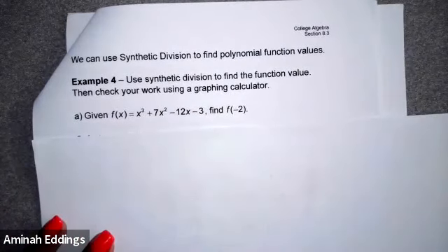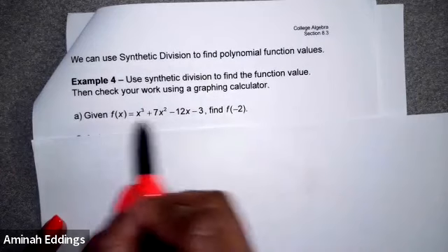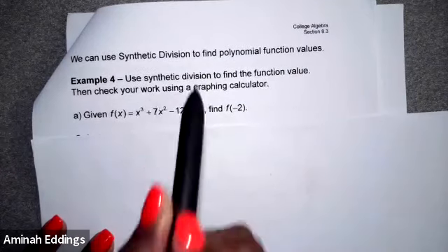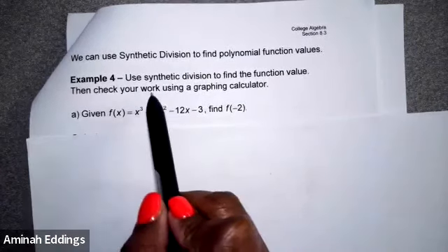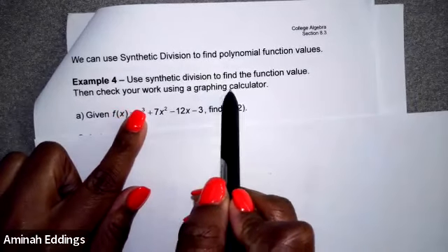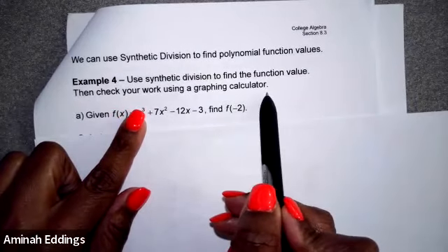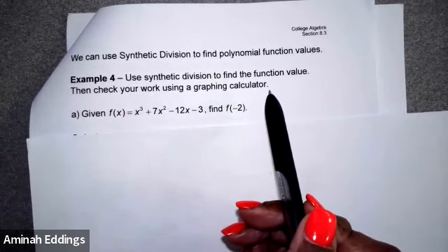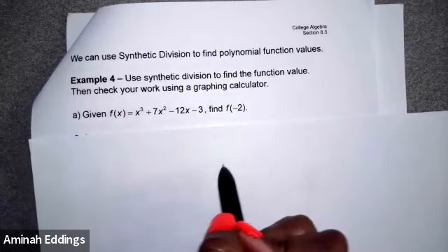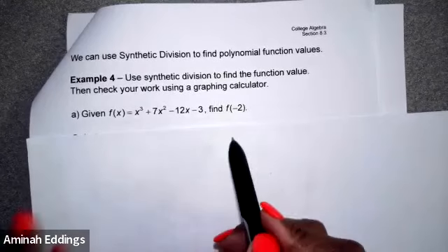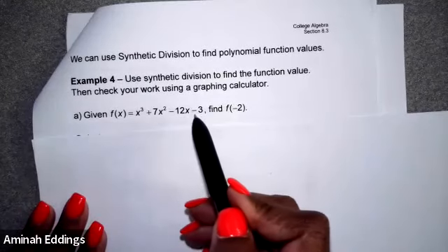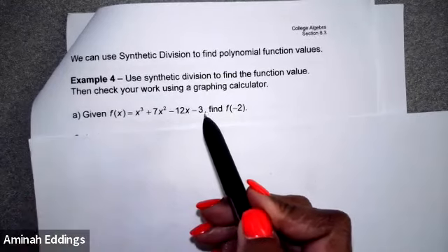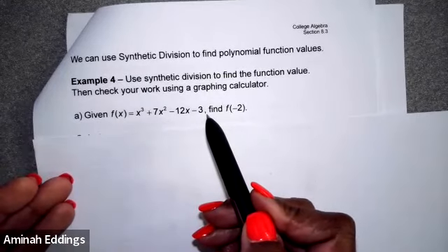If it said evaluate, then you would just plug in. But because it says use synthetic division to find the function value, this is where you need to understand that whatever my remainder is is my function value, okay? So that means you're going to do synthetic division again.